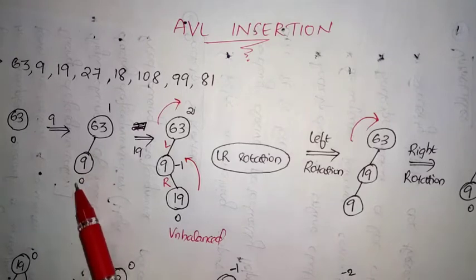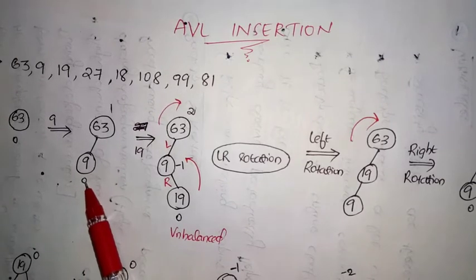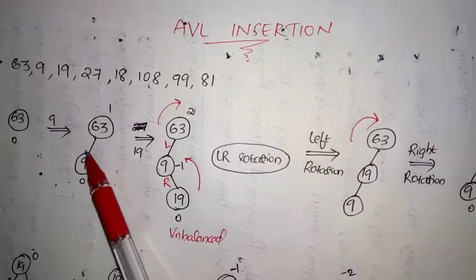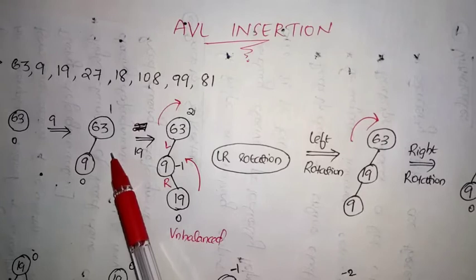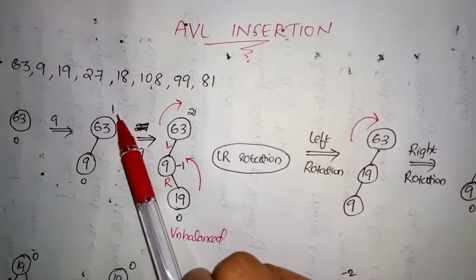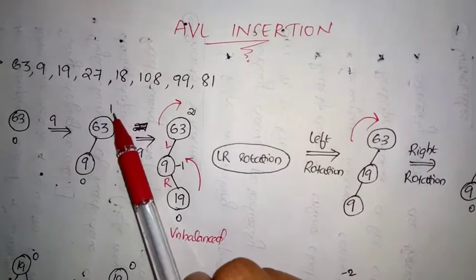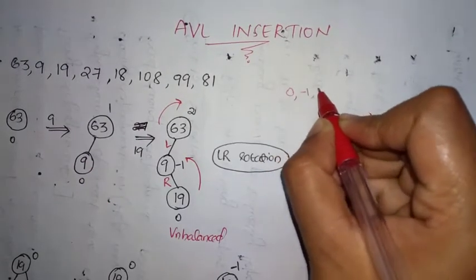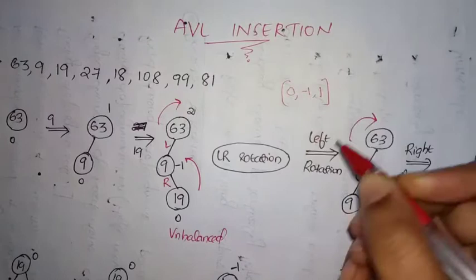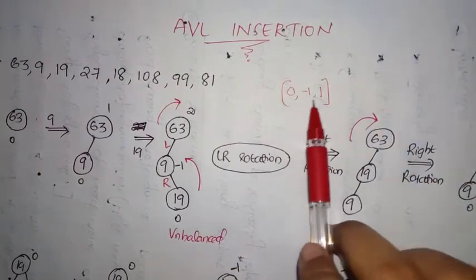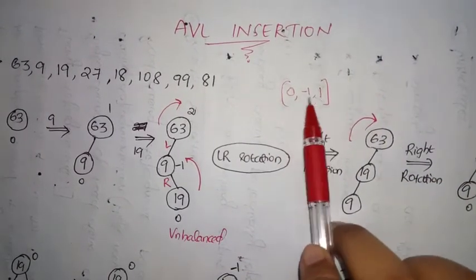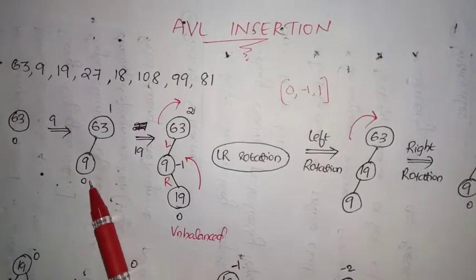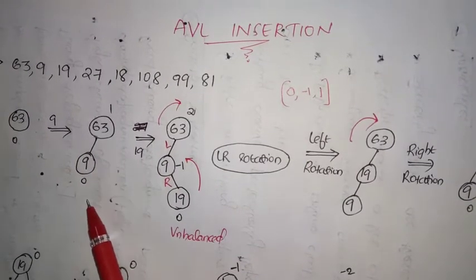The balancing factor of a leaf node will always be 0. The balancing factor of this node is height of left subtree 1 minus height of right subtree 0, so 1 minus 0 is 1. The balancing factor should always be between minus 1 and 1, so our condition is satisfied and this is a balanced tree.